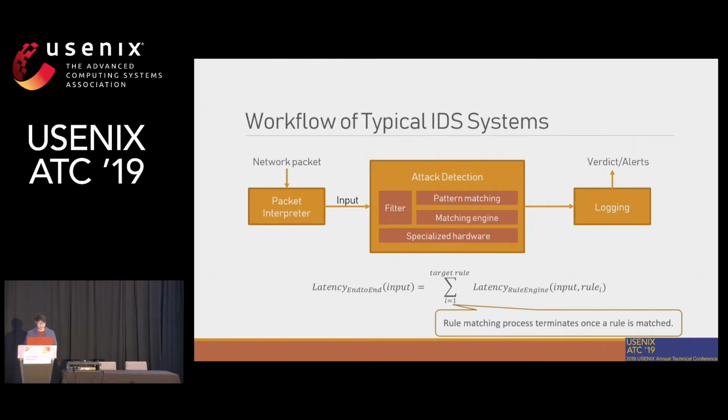Specialized hardware supports the other parts running on it, and a filter could catch certain unmatched rules from the rule set, while the machine engine and regex matching do the rule matching for the rest of the rules. The end-to-end latency of the attack detection is given by the formula. The matching process terminates once a rule is matched or all rules have been checked.